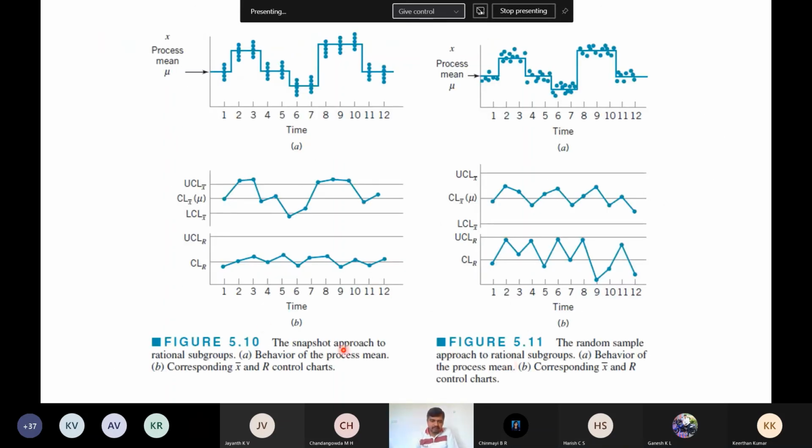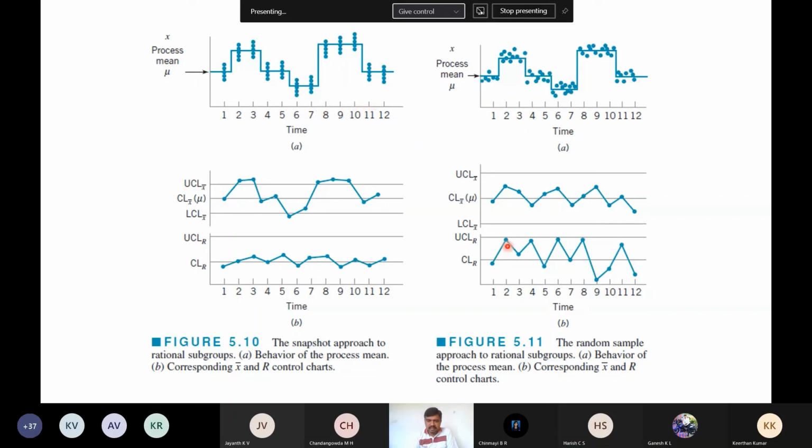So this is the representation of the snapshot approach. Here, if time is in hours, after 1 hour you are taking 5 samples immediately one after the other. Okay, 5 samples at a time, then the 5th, 6th, 7th, 8th, 9th, 10th, 11th hour.